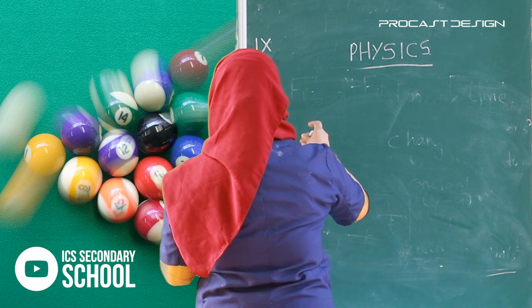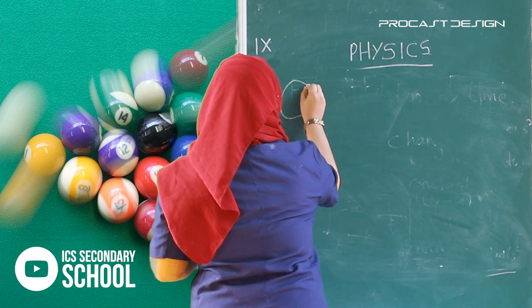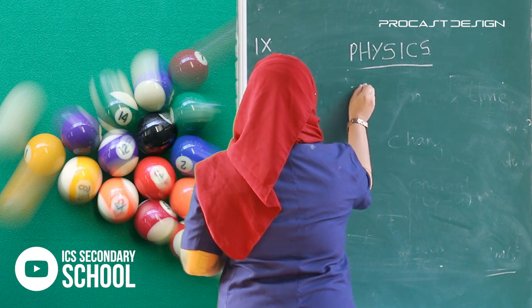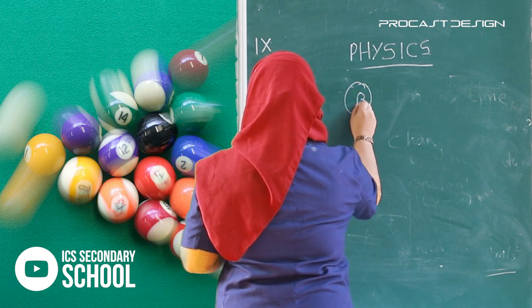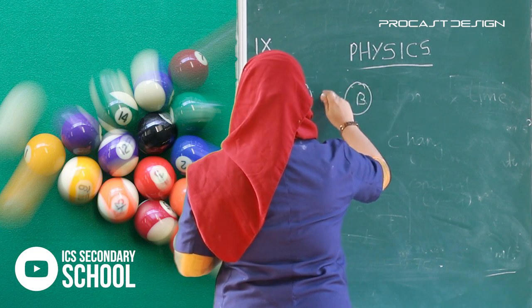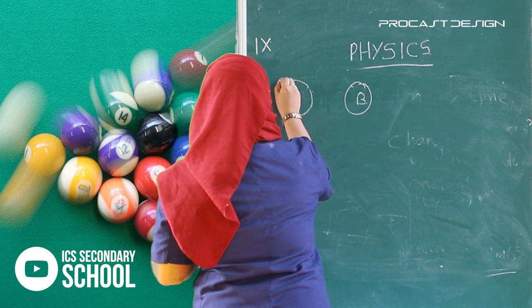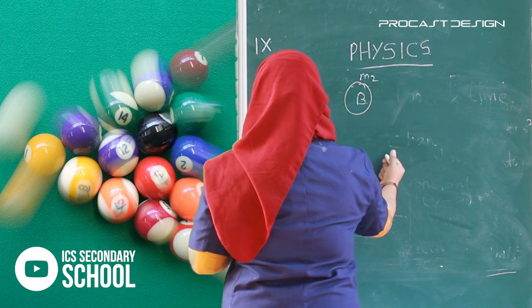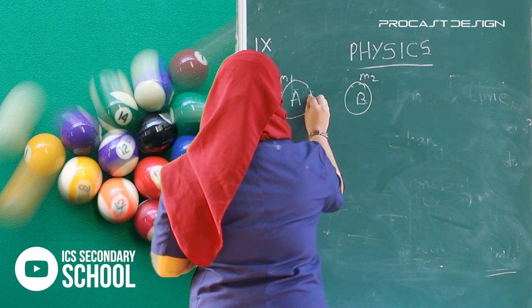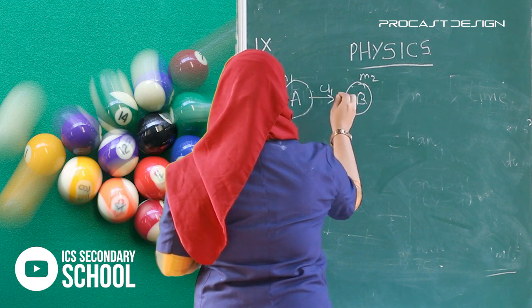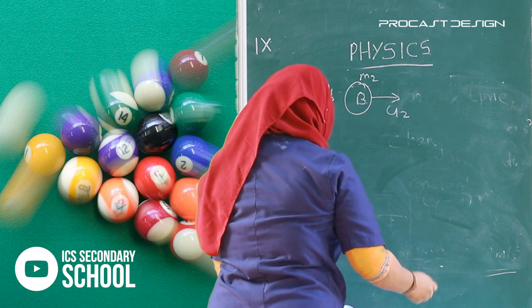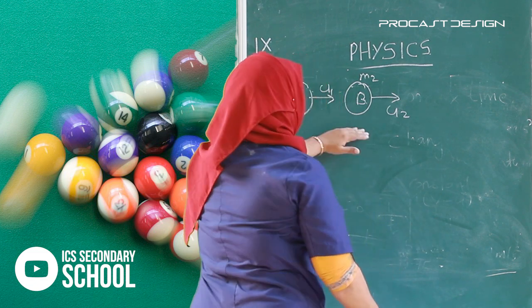Consider two bodies A and B of masses m1 and m2, moving with velocities u1 and u2 in the same direction in a straight line.